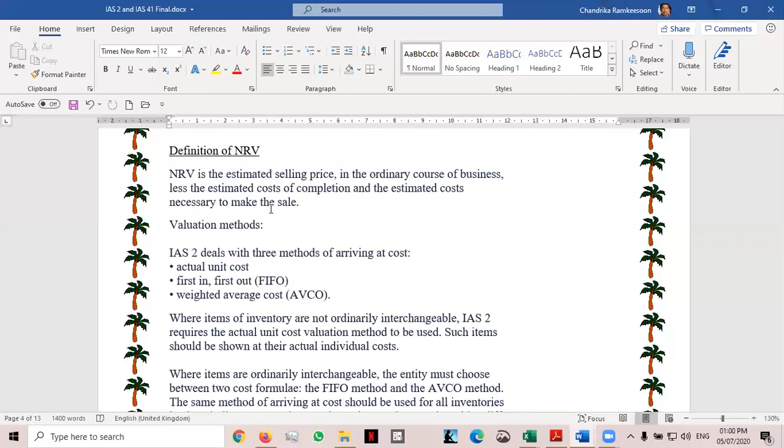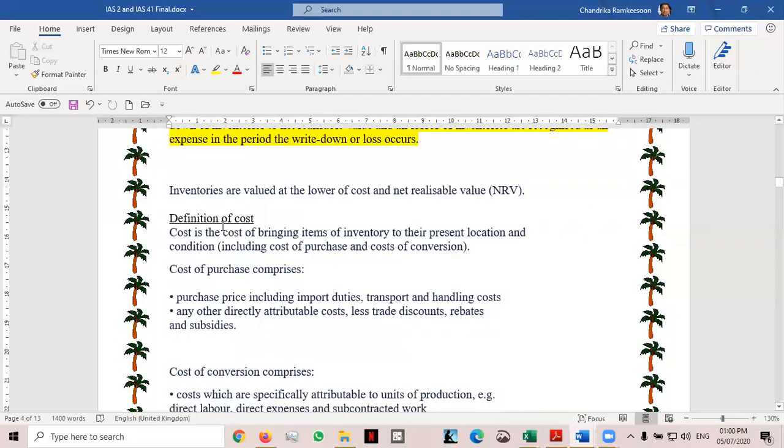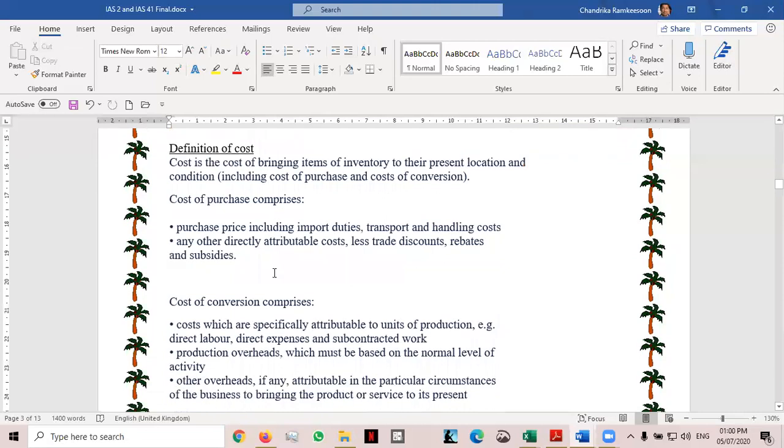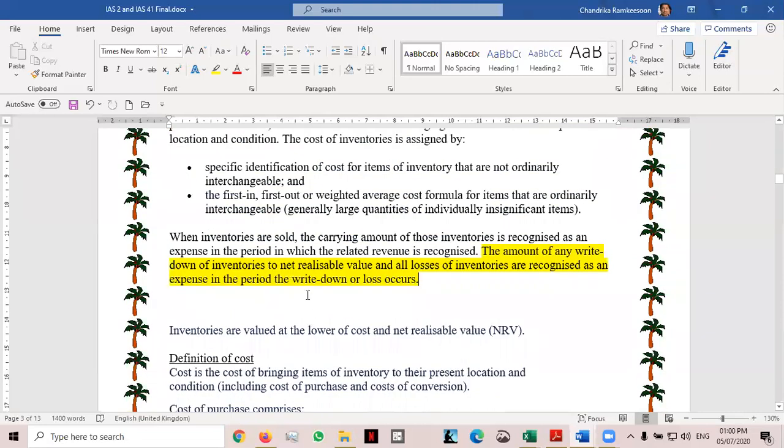Valuation methods. IAS 2 deals with 3 valuation methods. Actual unit costs, which would especially be for items which are separately identifiable and bought, they've got their own unique identity as mentioned here. What was it? Yes, specific identification.